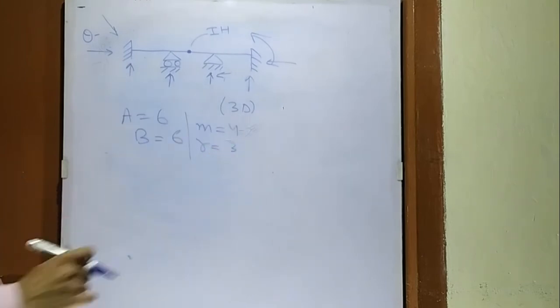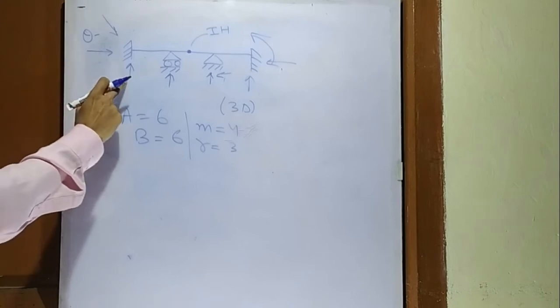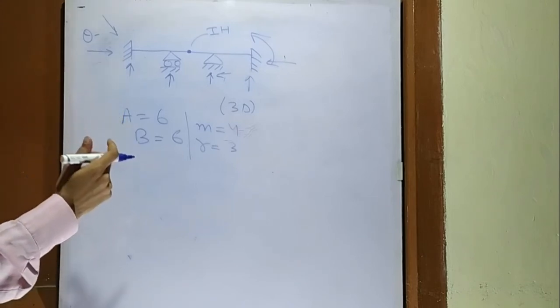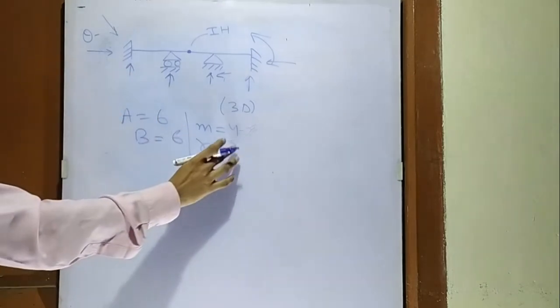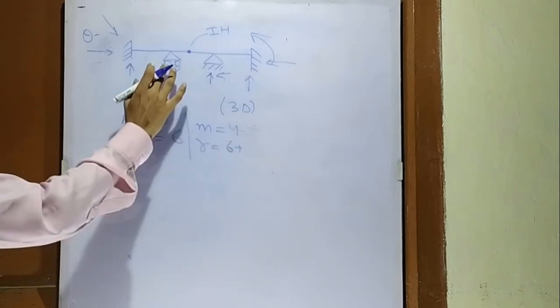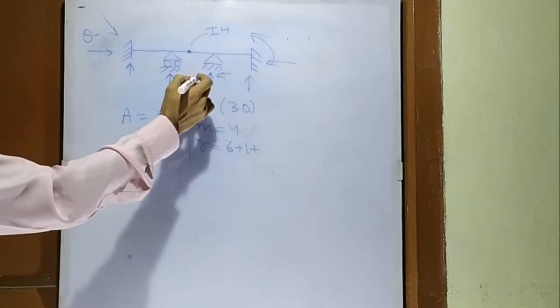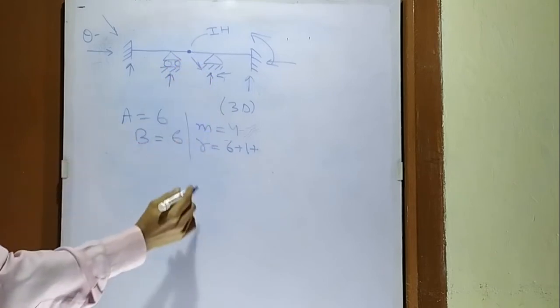You can also watch the second video of this series, in which we discussed the degrees of freedom and the number of reactions available at each support condition. So the number of reactions at this support will be 6, and at this support only one vertical reaction in case of 3D also, and at this support there will be a reaction in the z direction also.